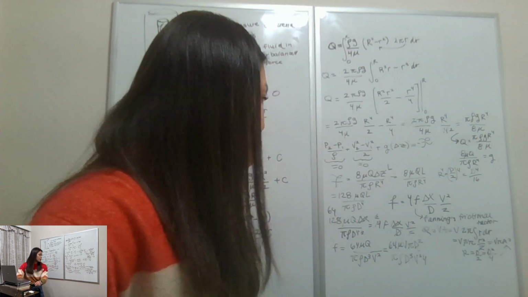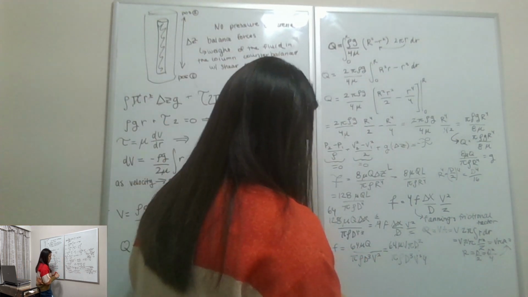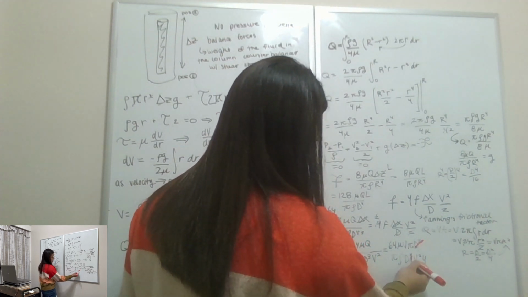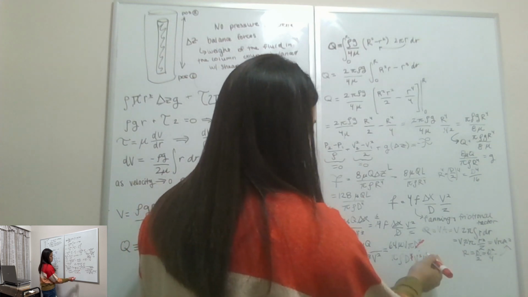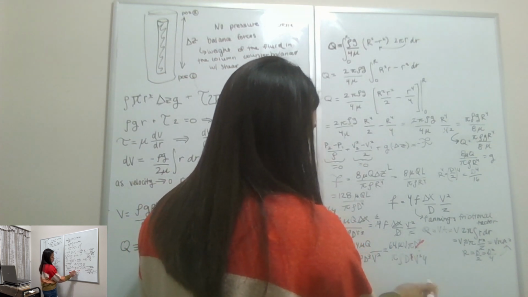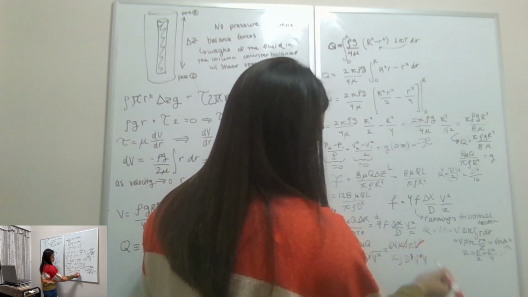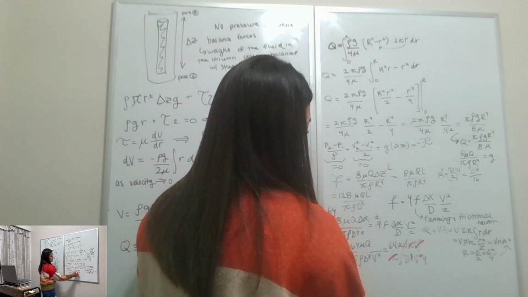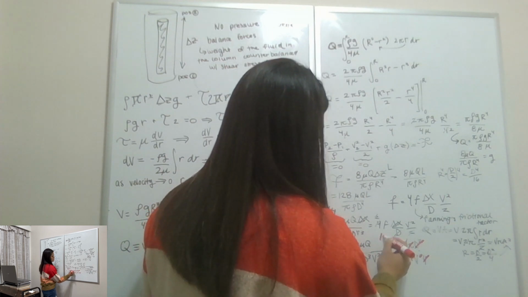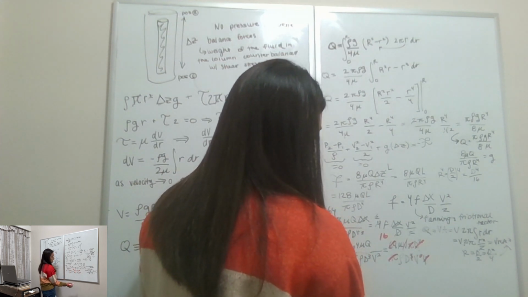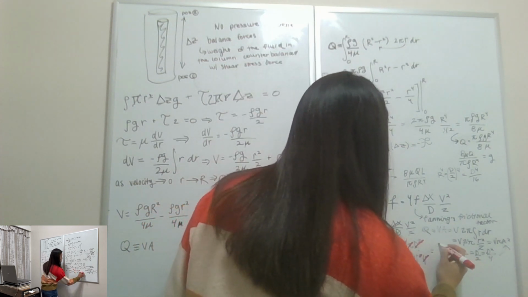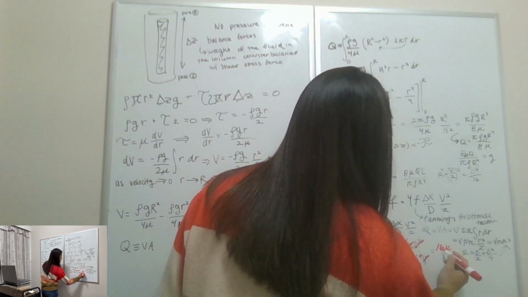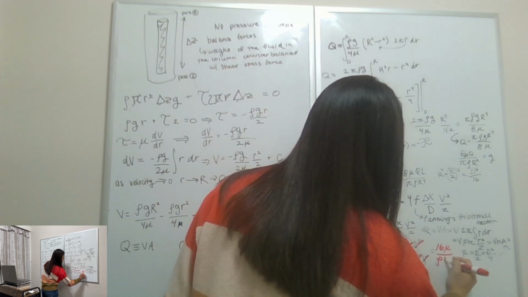And so the diameter squared is going to cancel out, leaving a diameter in the numerator. The velocity and the velocity squared is going to cancel out, leaving just a velocity in the denominator. The pi's will cancel out. The 4 will cancel out the 64, leaving a 16. And so what we are left with is 16 times the viscosity divided by the density times the diameter times the velocity.